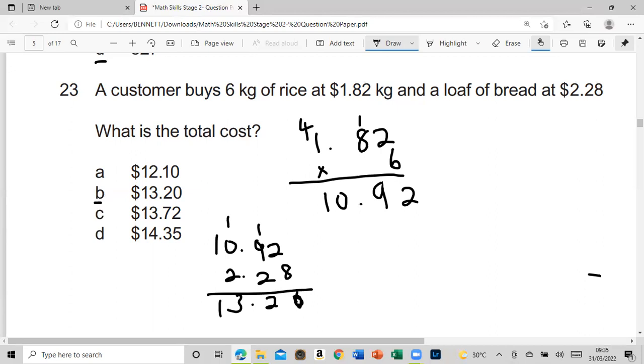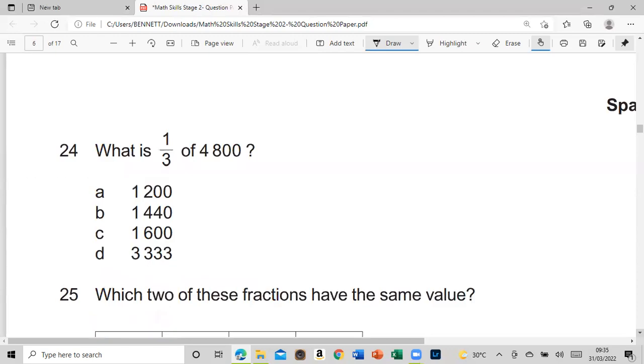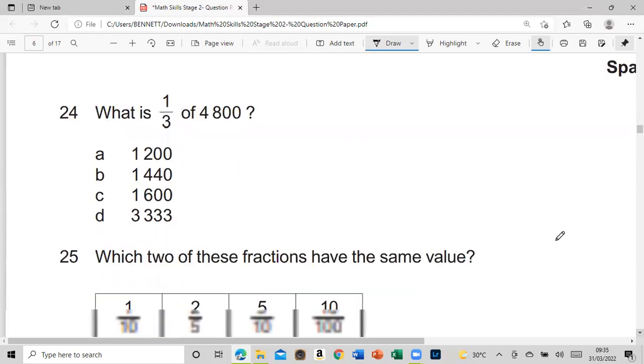Let's move on to 24. What is 1/3 of 4,800? 1/3 is the same as divided by 3. So it's 1/3 of 48 and 00.